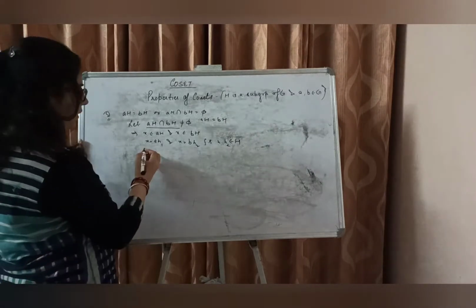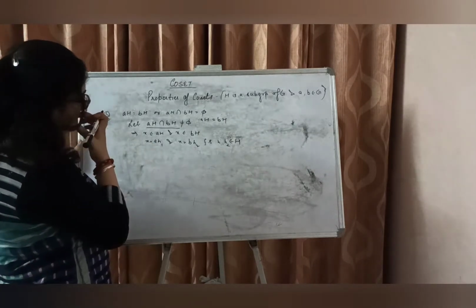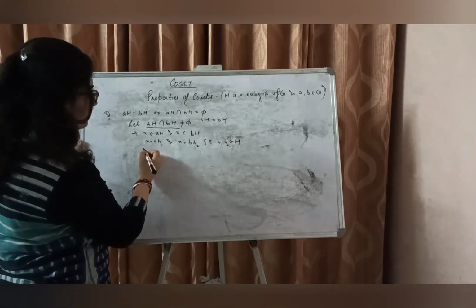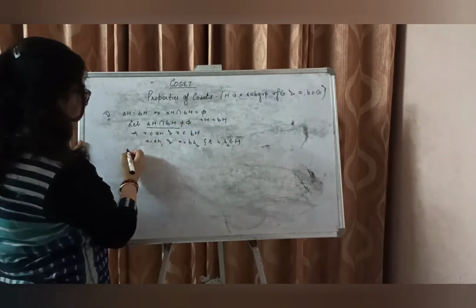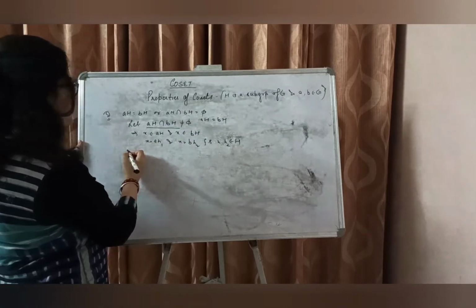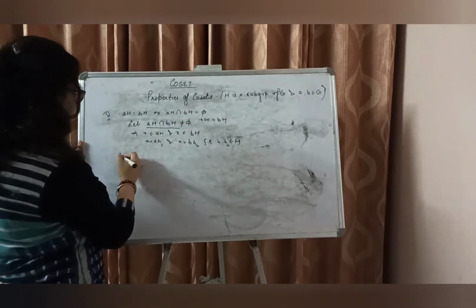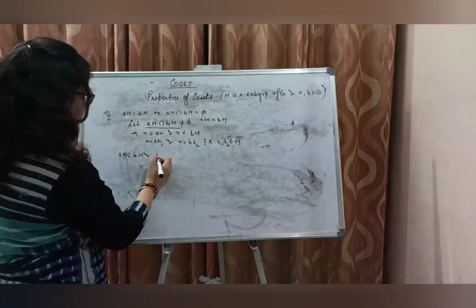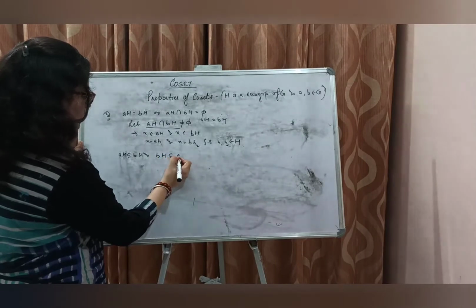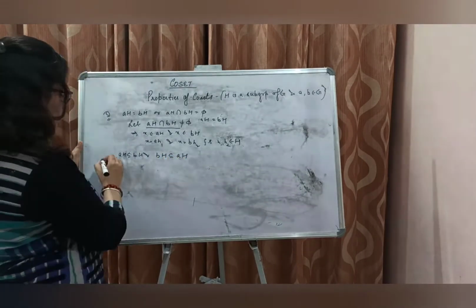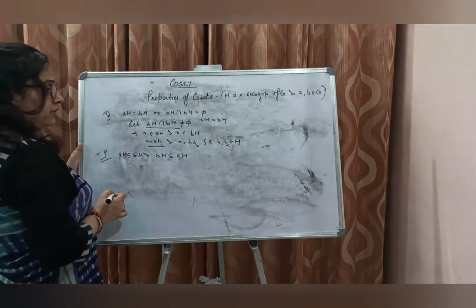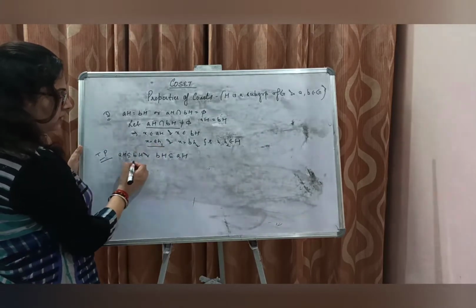Now to prove AH is a subset of BH, this is to be proved. Now H is a subgroup of G and X is equal to Ah1.